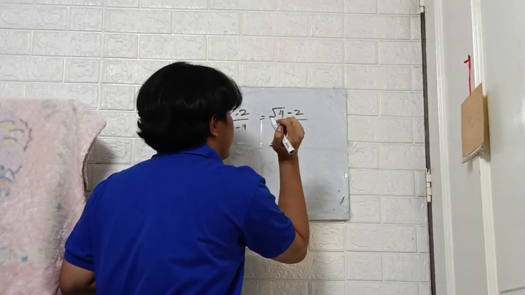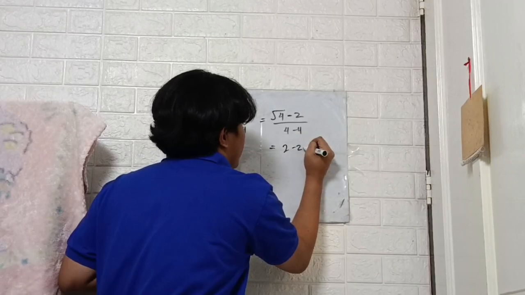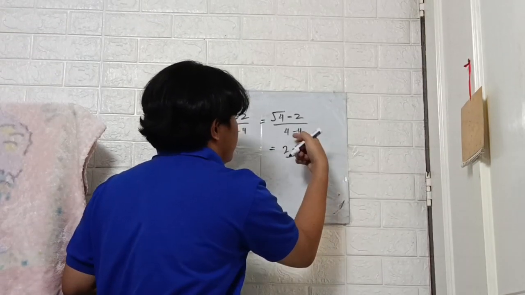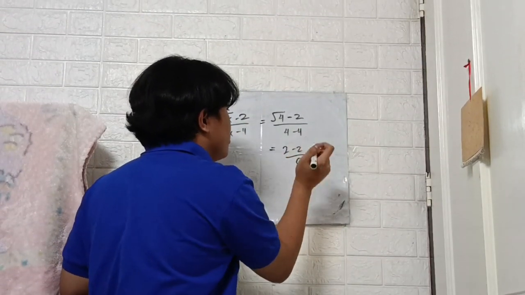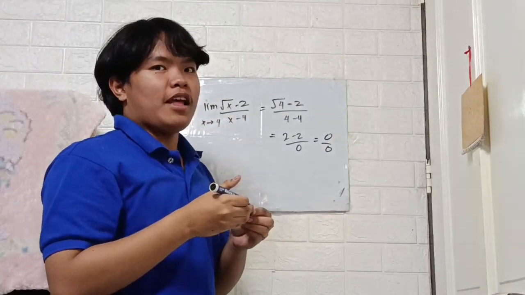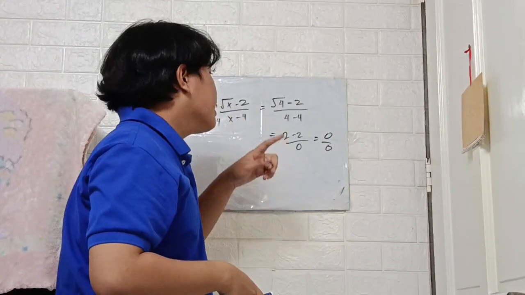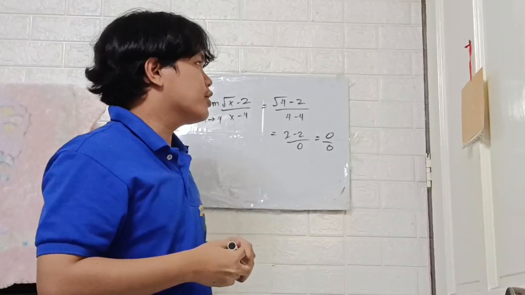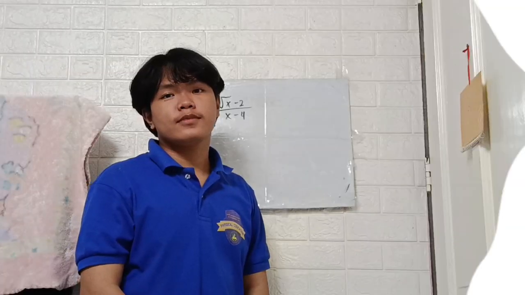We simplify it: square root of 4 is 2, minus 2 over 0, 4 minus 4. And this is just 0 over 0, which cannot be an answer. So, to not get this answer, we will use the trick called conjugate.